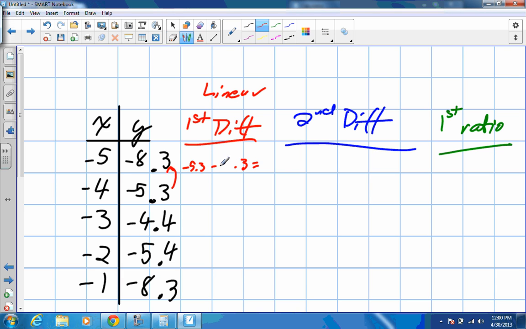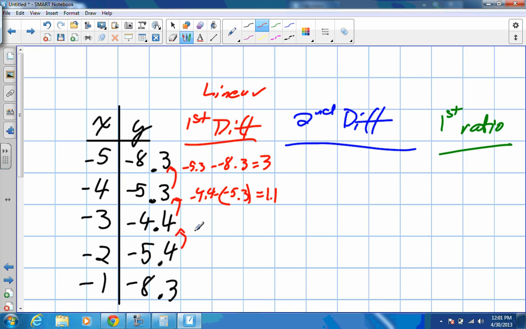So negative 8.3 becomes 3. Then we take negative 4.4, subtract negative 5.3. It looks like an equal sign, let's try to fix that. I'm just trying to squeeze it all in here. And that's going to be roughly 1.1.